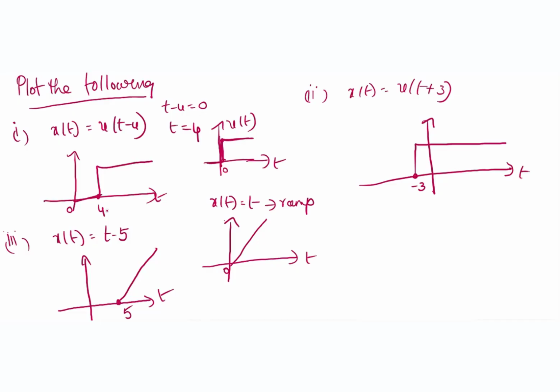And if I want x of t equal to t plus 2, that is the time advance, so minus 2. This is the ramp. It may be the time advance and time shift. The signal must move towards the positive side because here t is positive. Remember.